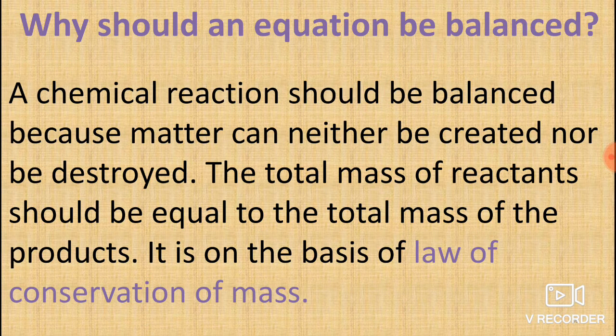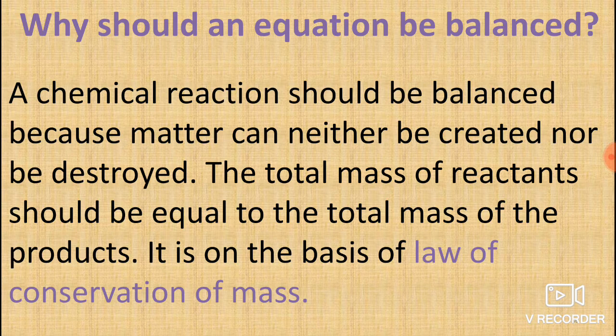Next, why should an equation be balanced? A chemical reaction should be balanced because matter can neither be created nor destroyed. The total mass of the reactants should be equal to the total mass of the products. It is on the basis of the law of conservation of mass. We cannot create atoms and we cannot destroy atoms, so they are present as they are in the universe.